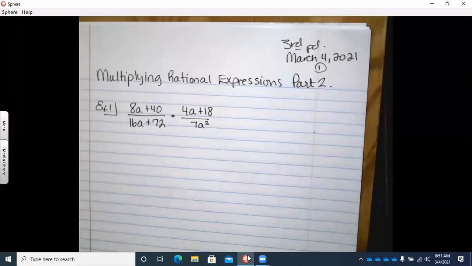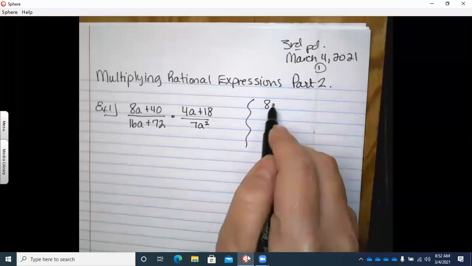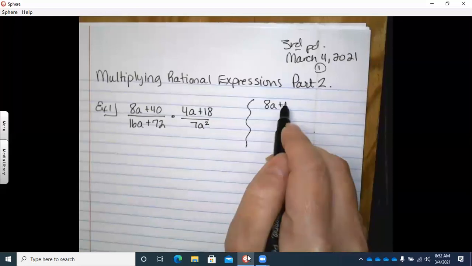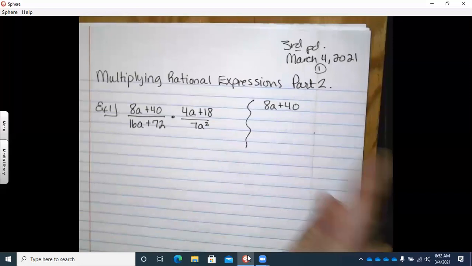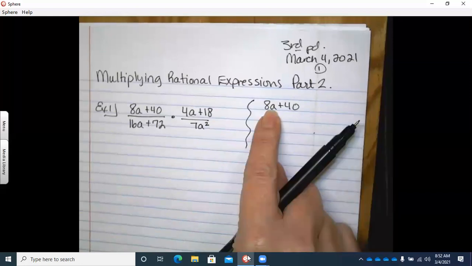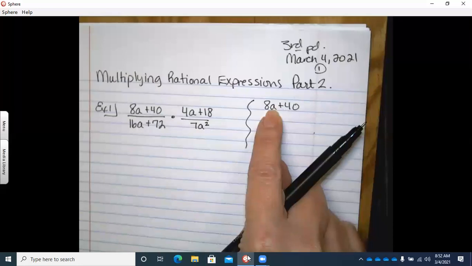So let's look at 8a plus 40. Is that a linear expression or is it a quadratic? What does linear mean? Linear means the term with the variable. If you have more than one term, it's the term with the variable with the highest exponent. So I only have one term with a variable, and a's exponent is 1.